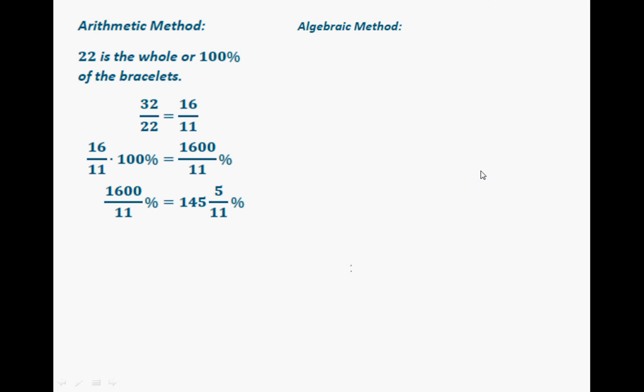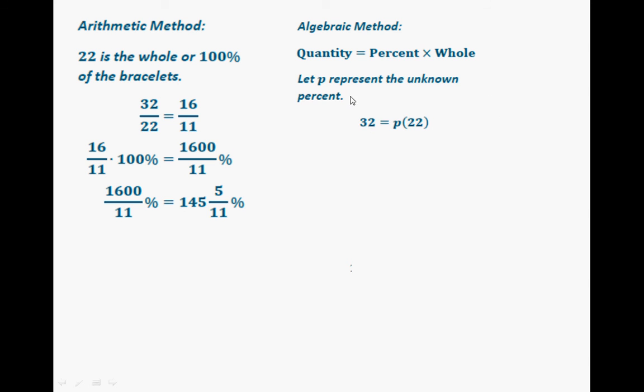All right, let's compare that to the algebraic method. Again, quantity is equal to percent times whole. First we got to let P represent the unknown percent. The quantity is 32, and 22 is the whole, and P is the unknown percent.